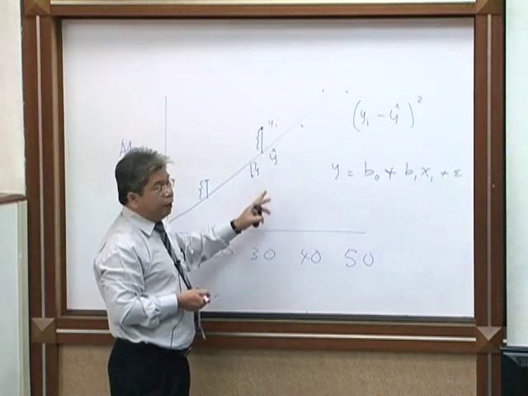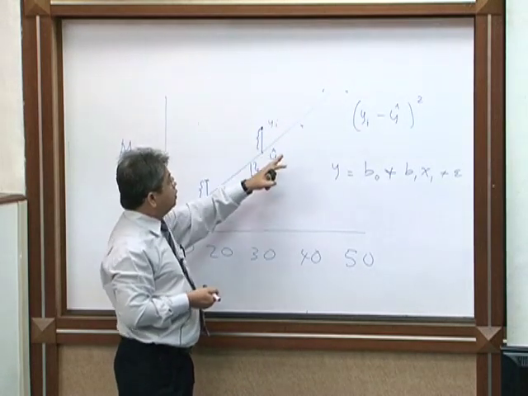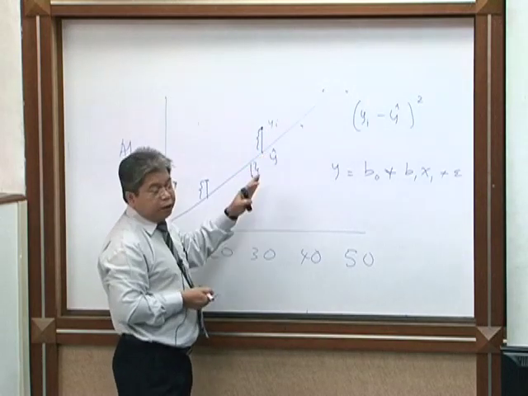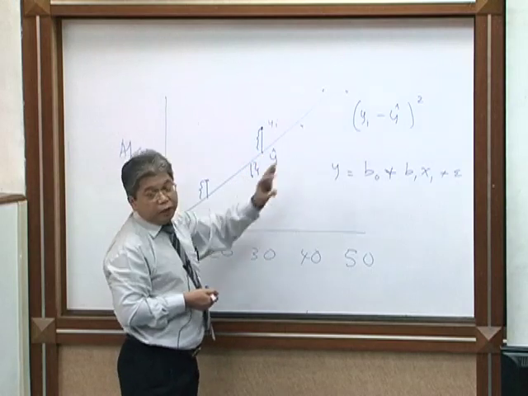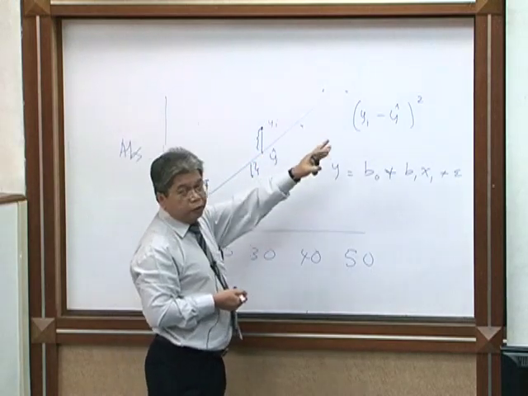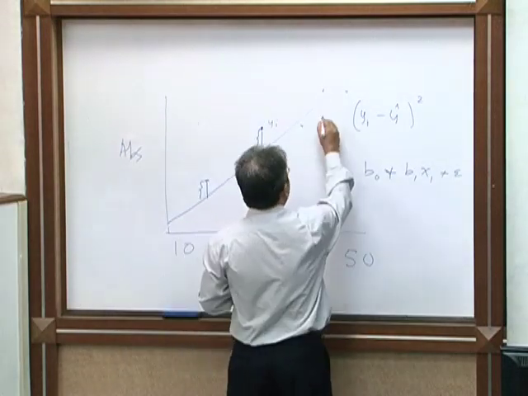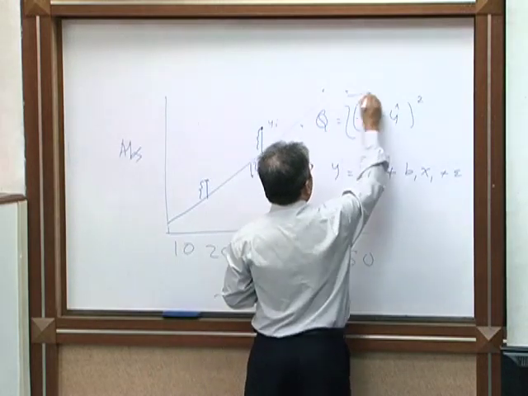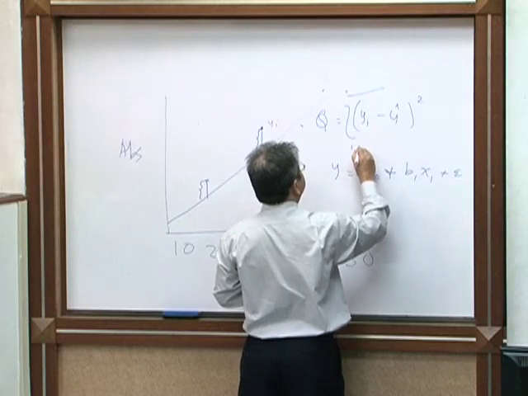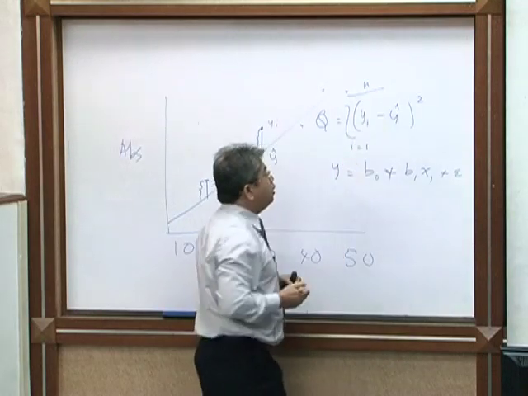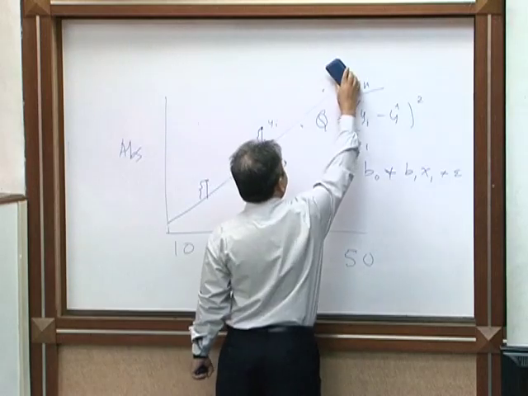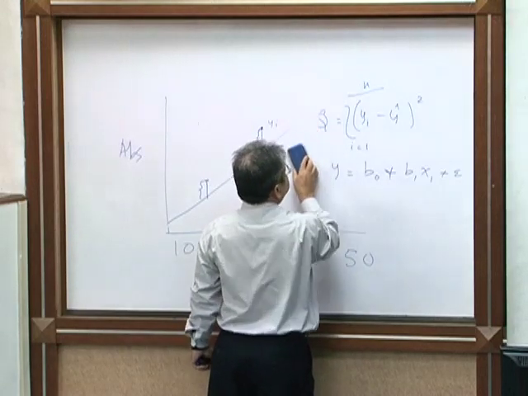We have some positive and negative errors. So if we just sum up all the errors without squaring, we'll get a value of 0. So that's why we have to square the error. And let's call this Q. And we sum up for all points, n, where n is the number of points in the data. Let's clear this a little bit.